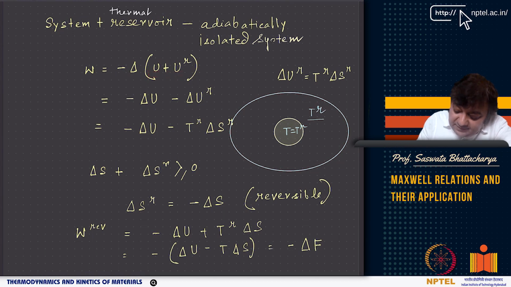So delta U plus delta UR plus W will be equal to 0.